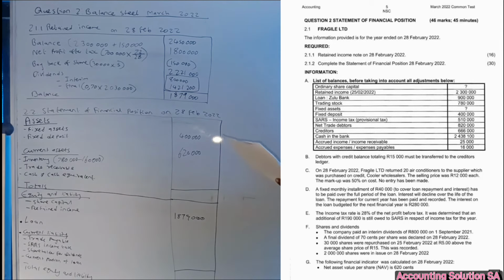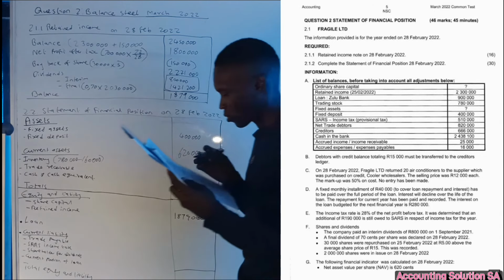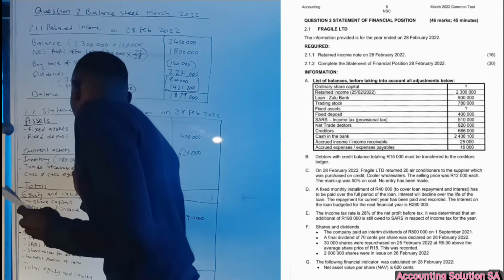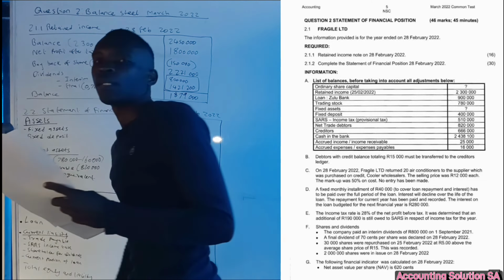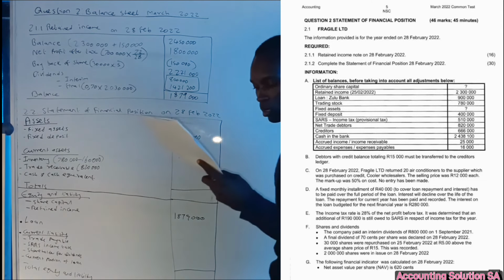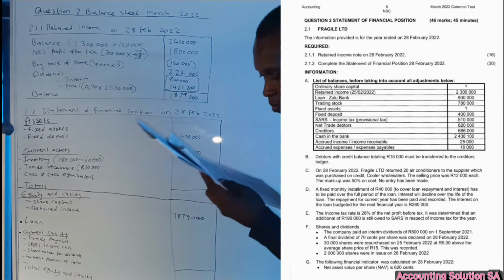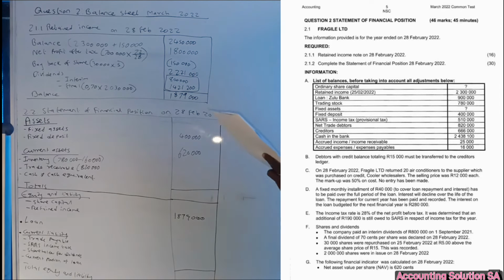Okay, now let's proceed. A trade receivable. For the trade receivable, we have the first balance of 820,000. Now we have to check the other items that are going to affect trade receivable. Number one, what about income receivable?